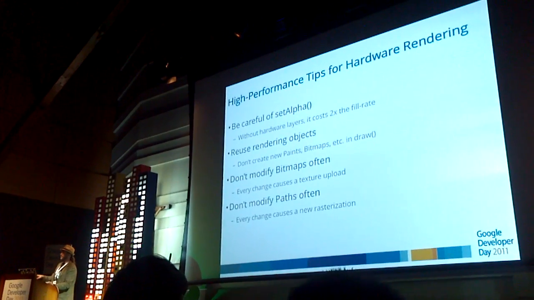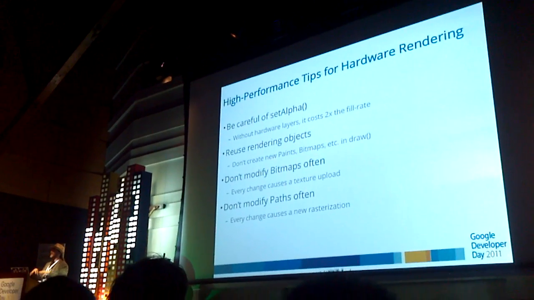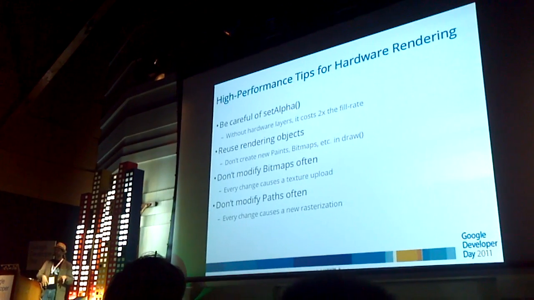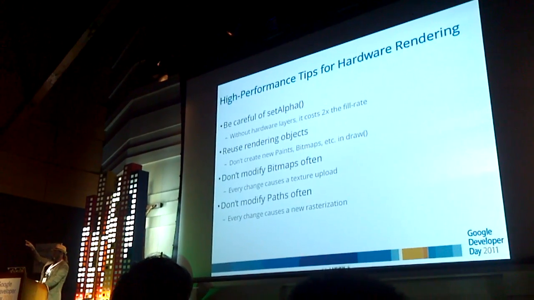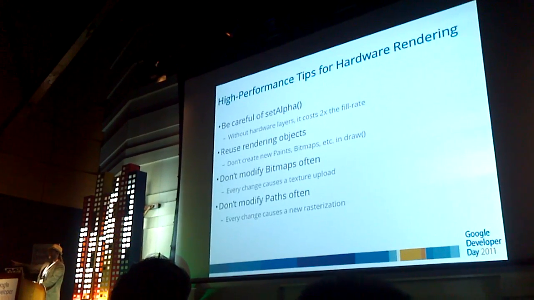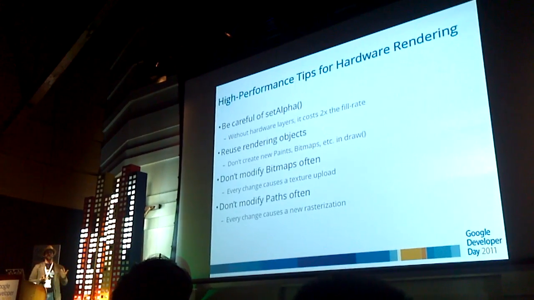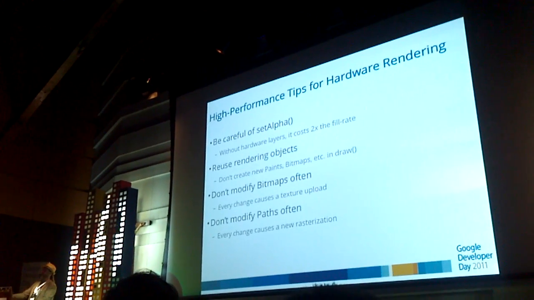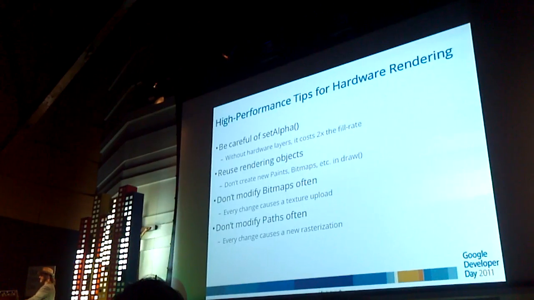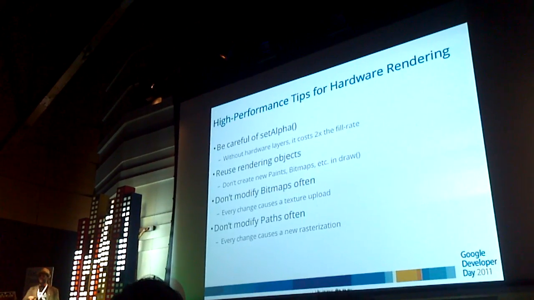One of the key things that's changed in hardware accelerated rendering on Android has to do with paths. In the past, you draw a line. That's pretty fast. It draws another line. That's pretty fast. And you can keep drawing those lines at very high speed. If you turn on hardware rendering, every single time you draw a line, it has to go and generate a texture for fast compositing.